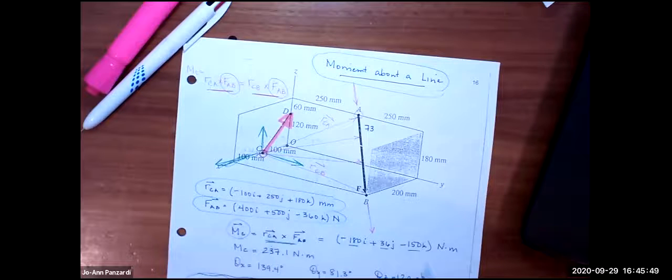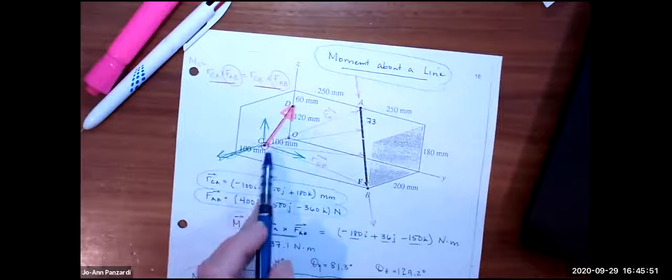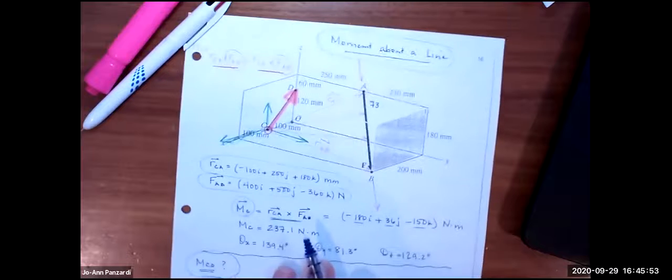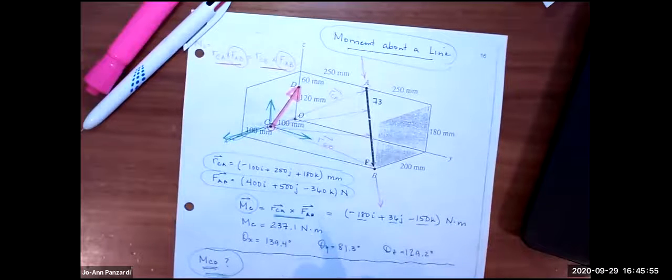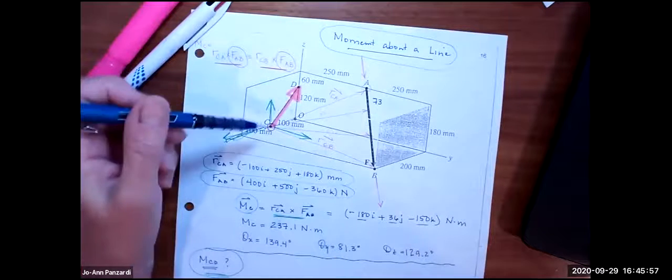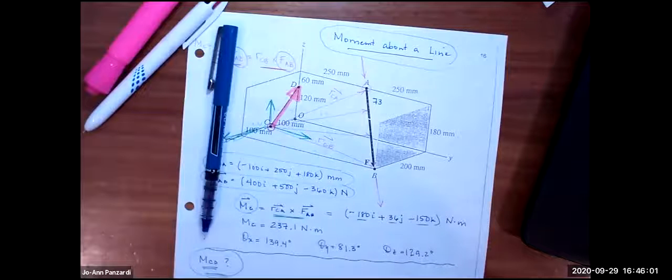I already found the moment about point C, and I know the X, Y, and Z components, but I want to find the moment about line CD. So could you guys think about this? And I had a discussion with a few people before in office hours.